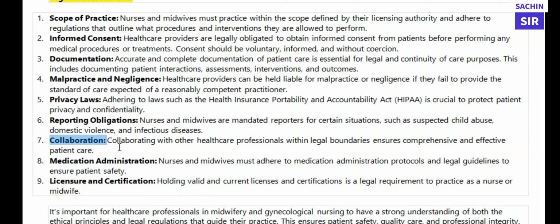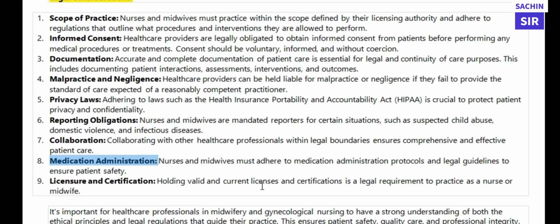Collaboration. Collaborating with other healthcare professionals within legal boundaries ensures comprehensive and effective patient care. Medication administration. Nurses and midwives must adhere to medication administration protocols and legal guidelines to ensure patient safety. Licensure and certification.